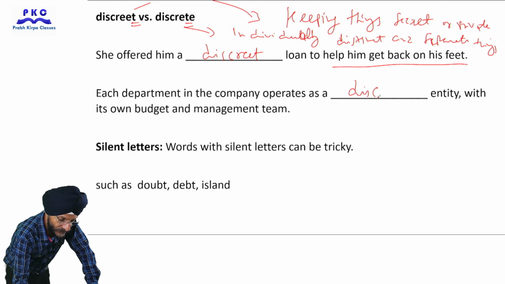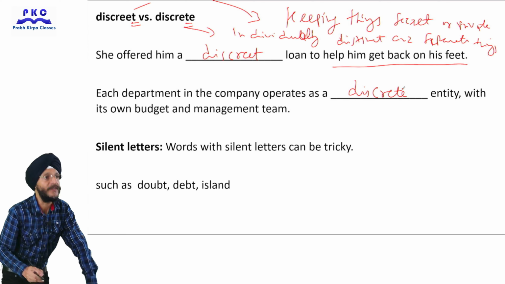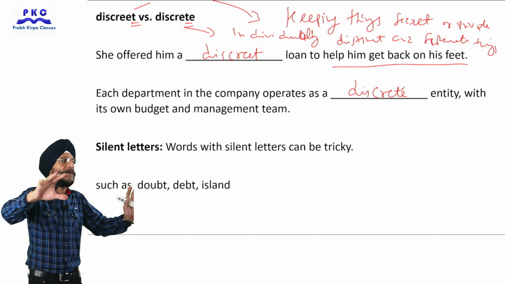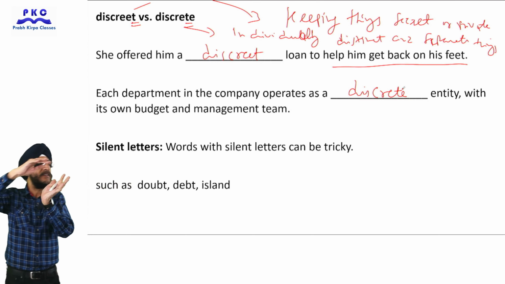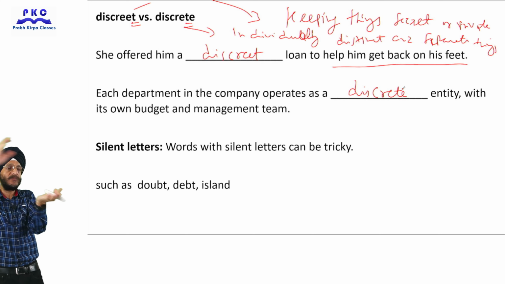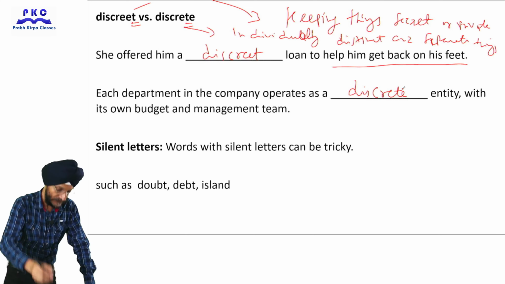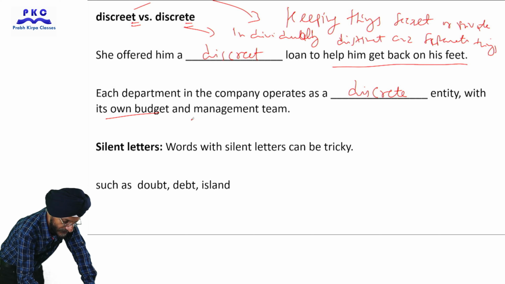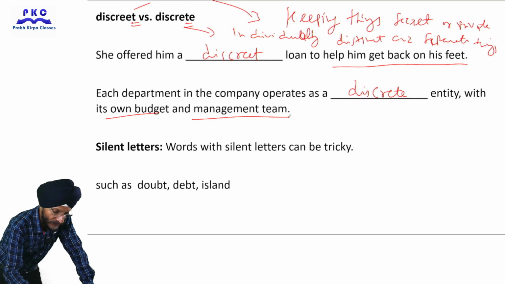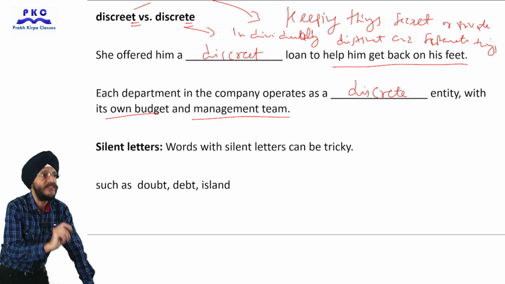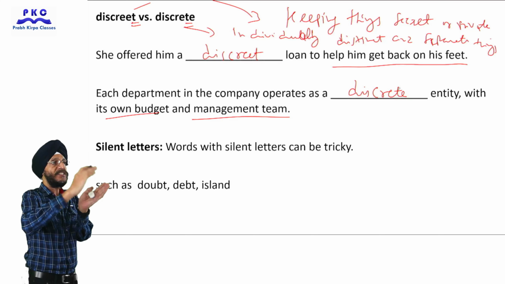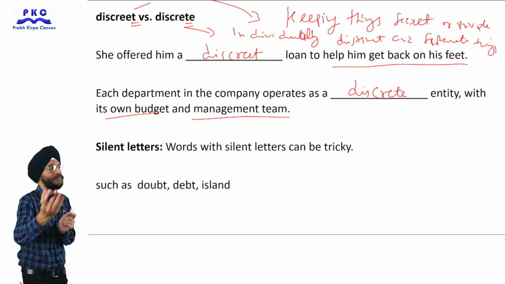Discrete means separate entity. Though there may be different departments, each department has its own head, its own funds, its own working style, its own budget and management team. Here we have used discrete which has T in the middle. That is, each department is a separate entity.